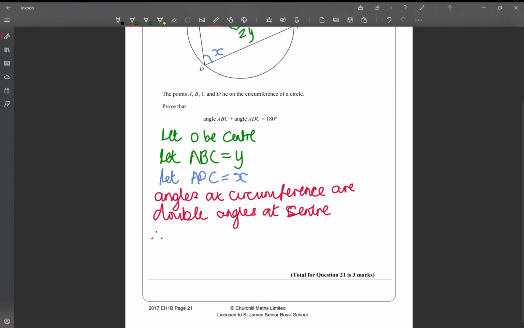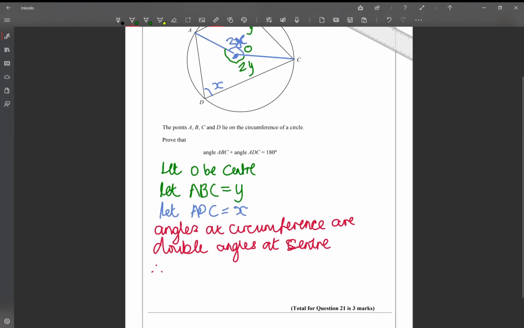Okay, so therefore reflex AOC, reflex is an angle bigger than 180, so it's this one, equals 2y, and angle AOC, I'll choose just to make it really obvious, equals 2x.